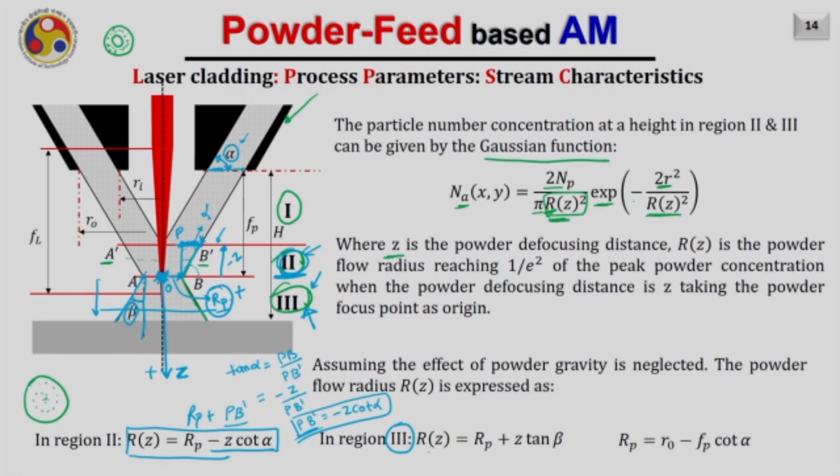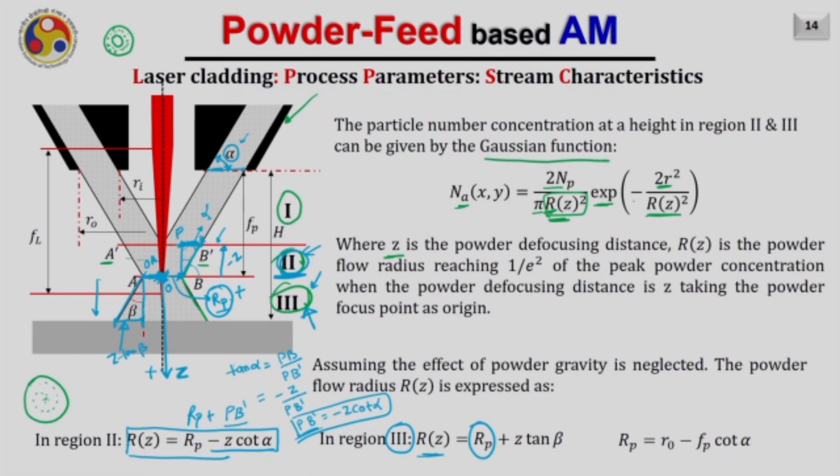In that case, also Rz will be equal to Rp, that is this distance OA, already known to us, plus if I consider this particular triangle here, I can find out the value of this particular length from here to here, and it will be nothing but Z tan beta.